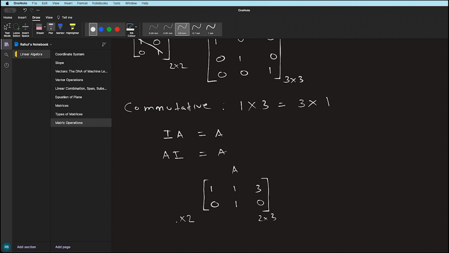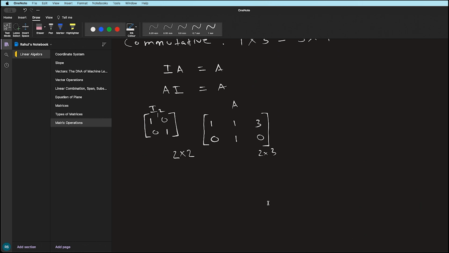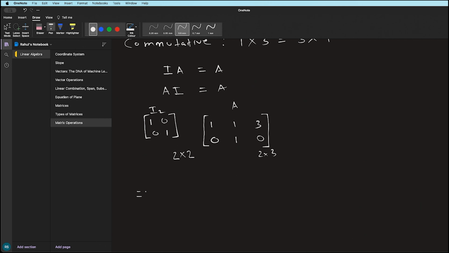So we can choose the 2 cross 2 identity matrix, 1 0 0 1, which is the I2 matrix. Now if I multiply I2 with A, we are checking this first condition.